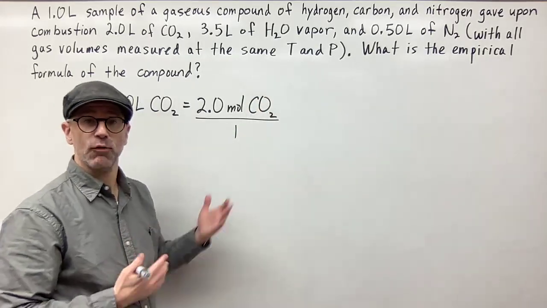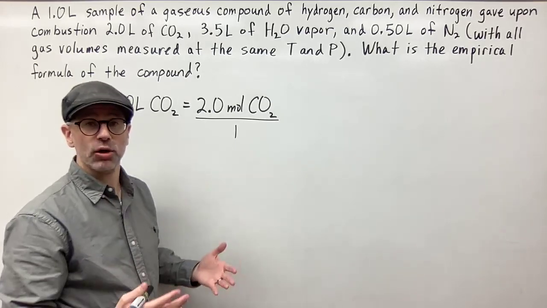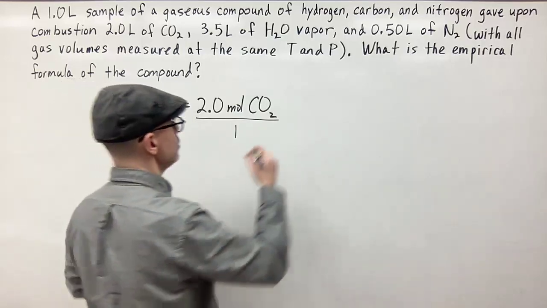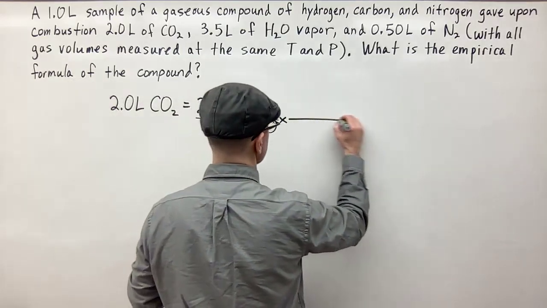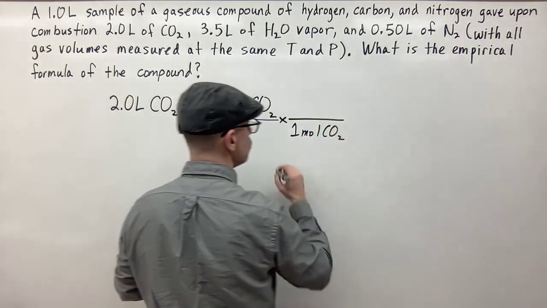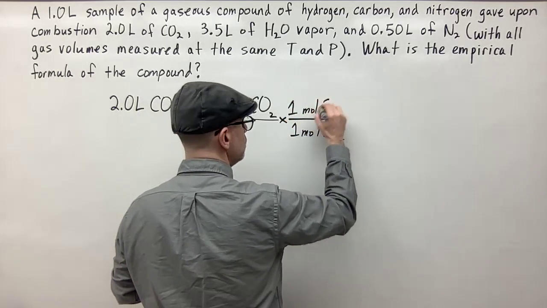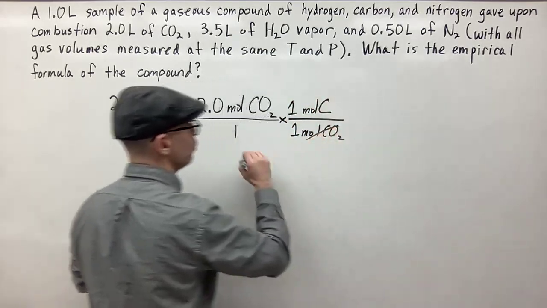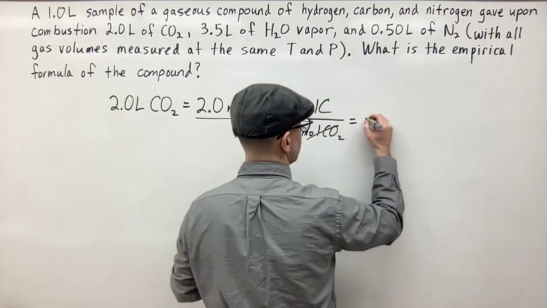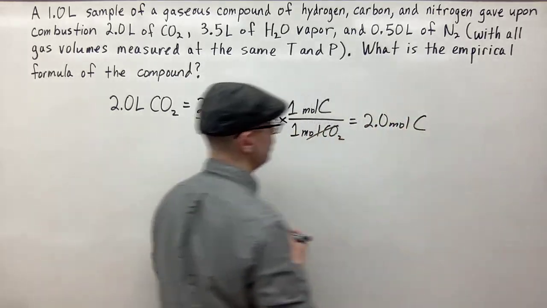That's a ratio of 1 to 1, the same as the mole ratio. So 1 mole of carbon dioxide will give me 1 mole of carbon atoms. So 1 mole of CO2 on the bottom, 1 mole of carbon on top. Moles of carbon dioxide cancel out, and of course, I end up with 2.0 moles of carbon.